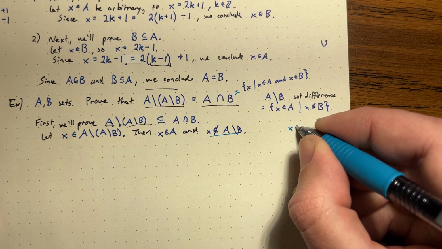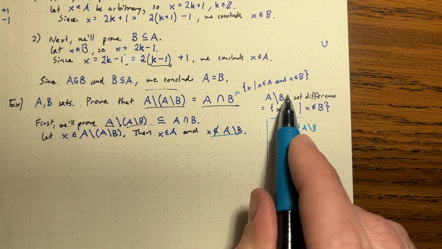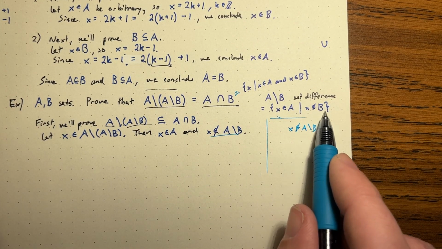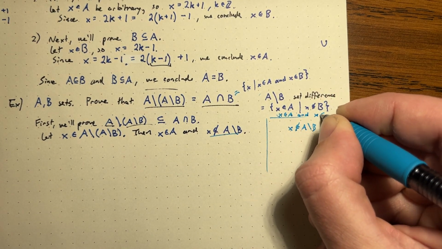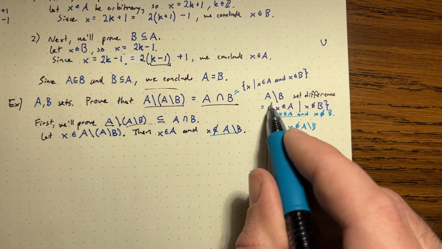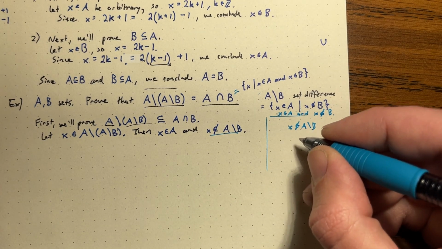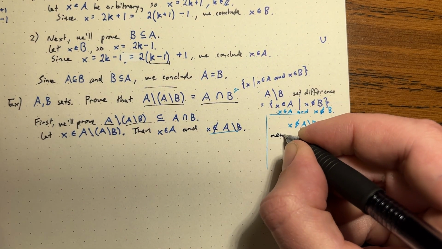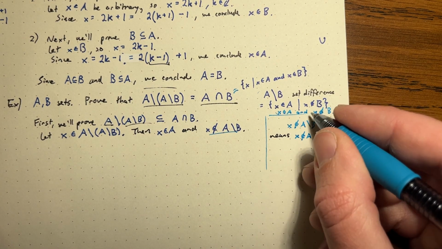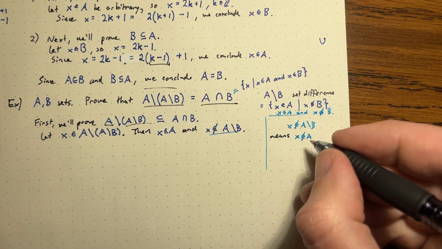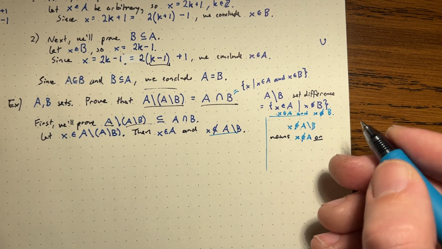Here's what it means for x to be in A minus B. It means x is in A and x is not in B. If x is not in this set, then it could mean x is not in A to begin with, and we don't even hit this, or this is not true, right?